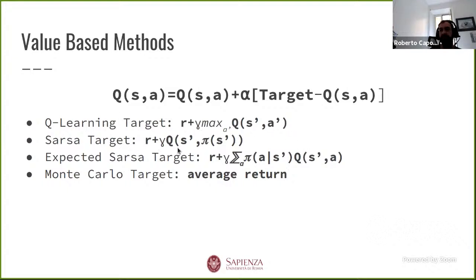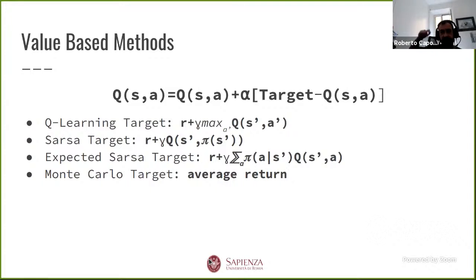The SARSA target is the one that doesn't take into account the maximum, so the best action, but the action selected by the policy. Then we have other algorithms like expected SARSA, which takes into account the probability distribution of the policy, or a Monte Carlo target, which takes into account the average return, where the return is the sum of the discounted rewards that you get from a certain state to the end of the episode.